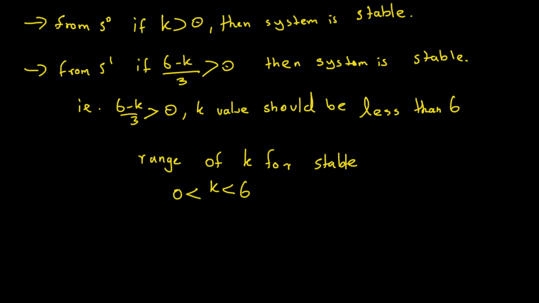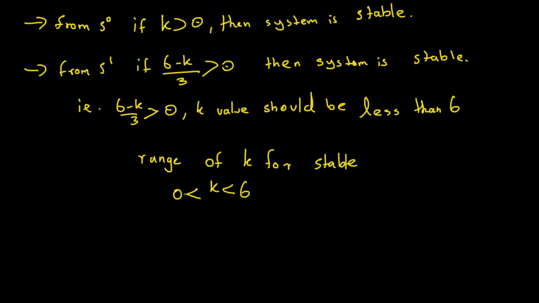It shouldn't be greater than 6, because if it's greater than 6, that's a negative number. I cannot take less than 0, because that will satisfy this, but it will contradict with this, since this one becomes negative.